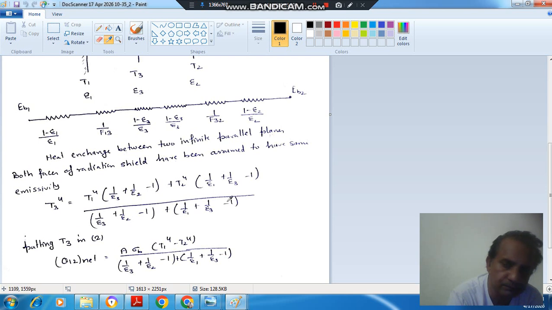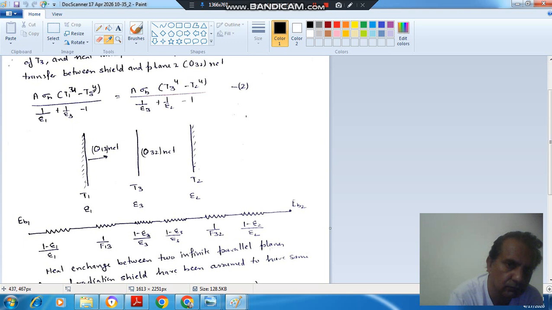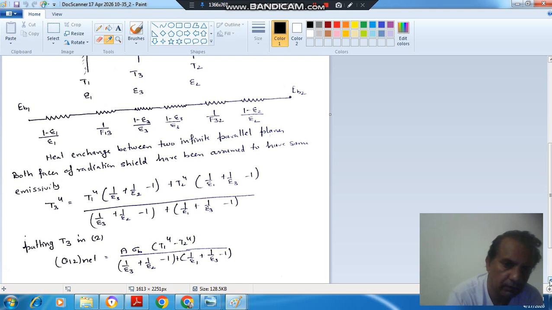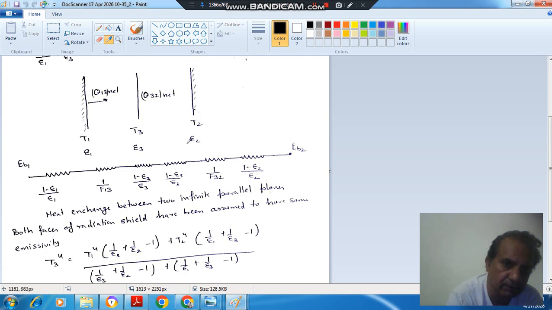So if we put this T3 here, then we can find out the net heat transfer from 1 to 2. That will be A sigma B (T1^4 minus T2^4) divided by this part. Okay, so that is your heat transfer between 1 and 2 when there is a shield having emissivity epsilon 3.